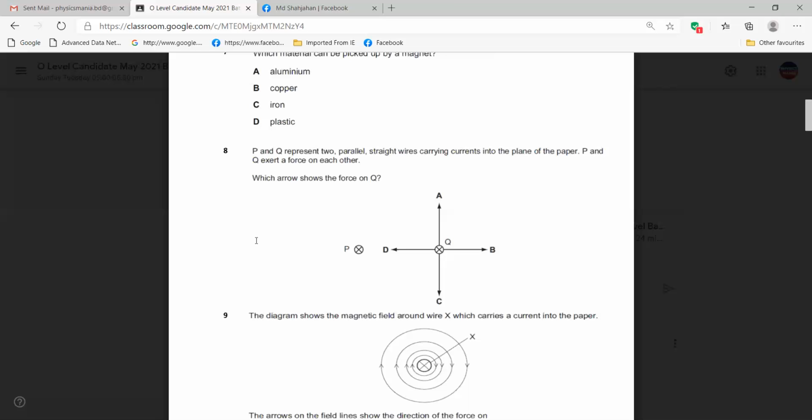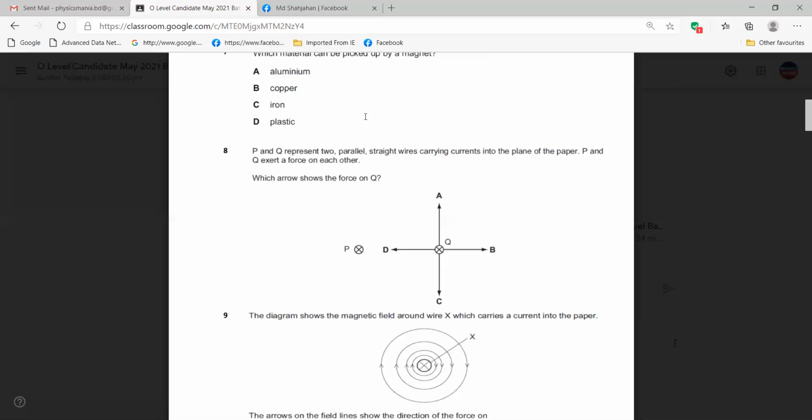Yes, sir. If both the straight wires are into the plane of the paper, then you use your right hand to understand the direction of magnetic field lines.